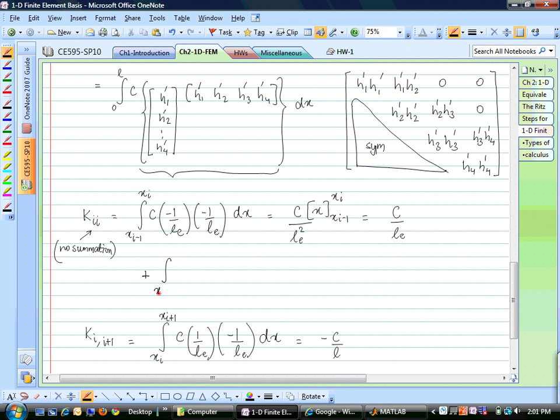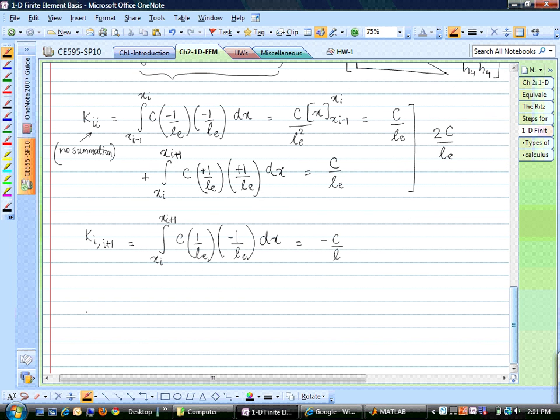Plus integral from xi to xi plus 1 of the same thing, or actually the positive thing. And this will also be equal to C over LE. So when you sum them up, the total would be twice C over LE.